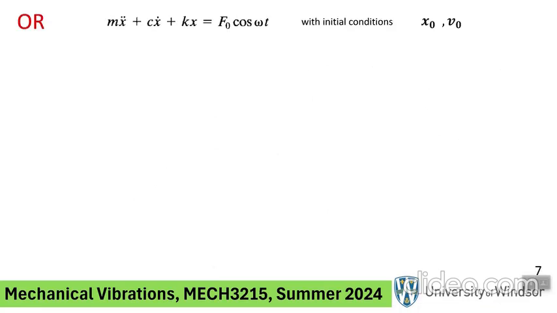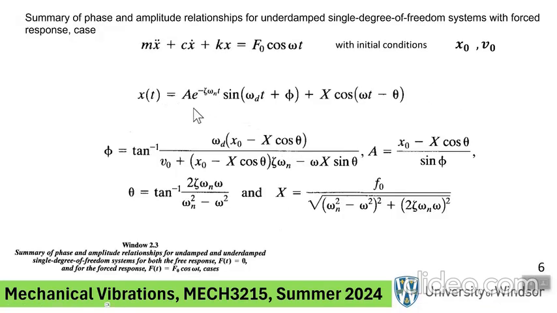All right. Now, what I just did for you is fine. There is no problem. But remember, this was one way of writing that initial solution to the homogeneous equation, right there. See that? We could have written it like this, or we could have written it as, for example, A1 e to the minus xi omega n t sine of omega d t plus another constant.